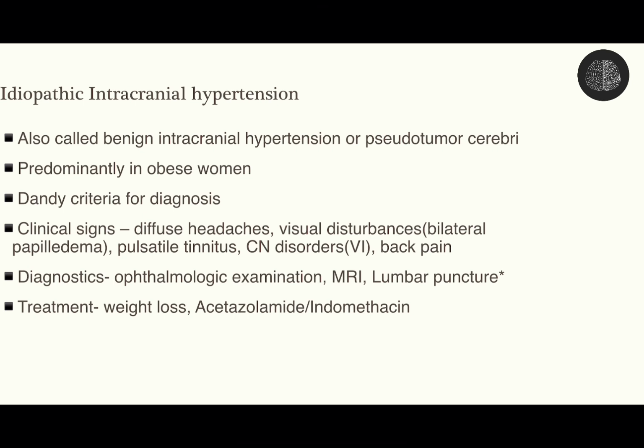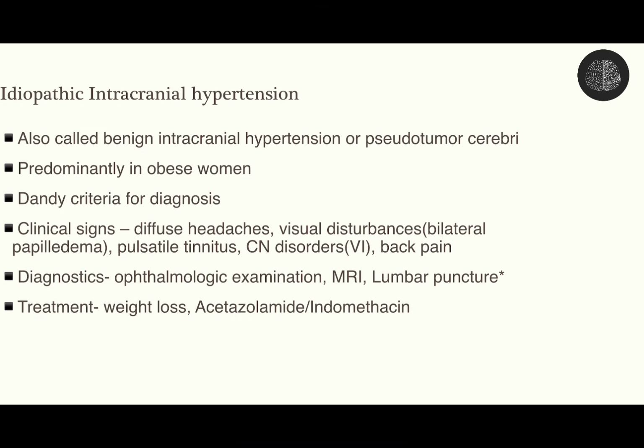So the criteria includes symptoms of increased ICP like headache, visual changes, pulsatile tinnitus, papilledema, also with absence of localizing neurologic findings on the neuro examination. There should be absence of any deformity, displacement, or obstruction of the ventricular system. Also, the patient should be awake and alert with no apparent cause of intracranial hypertension. So then it would be called idiopathic intracranial hypertension.